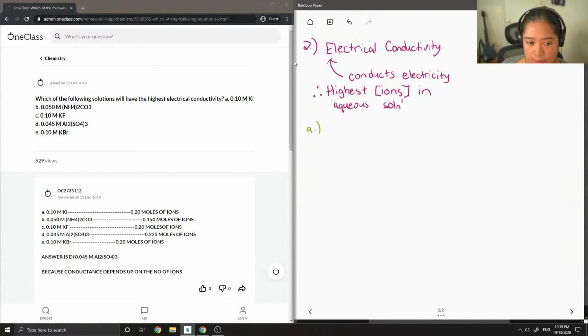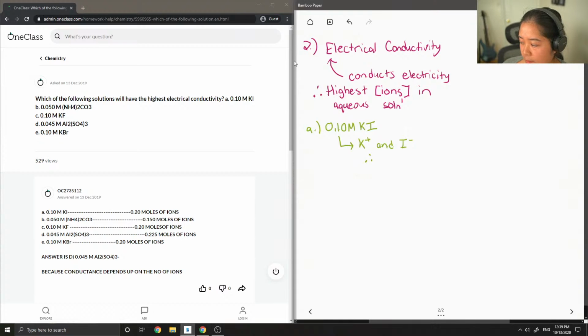So the first one is 0.10 molar of potassium iodide. If you were to break up this potassium iodide into its ions, you would get K plus and I minus.